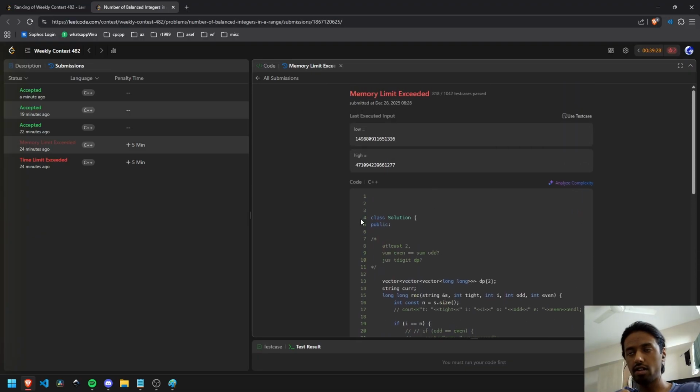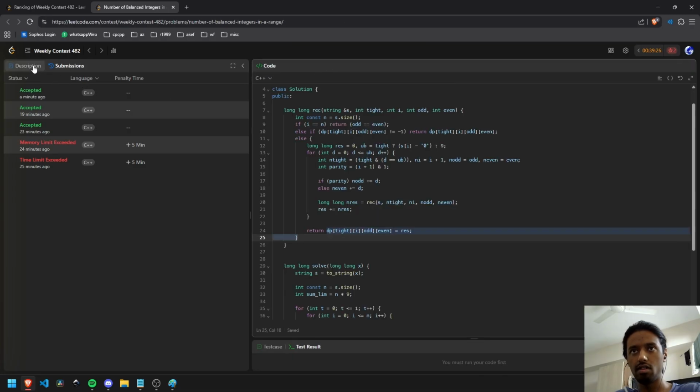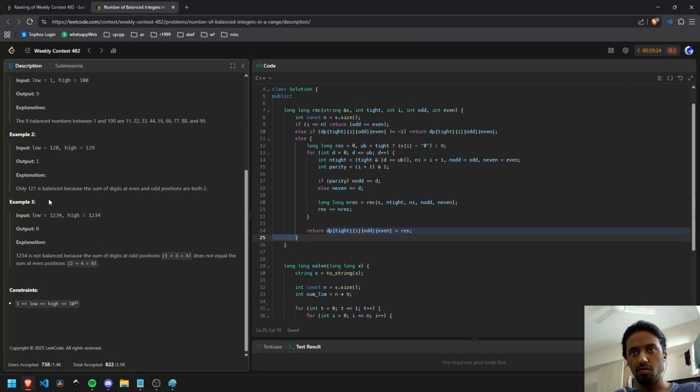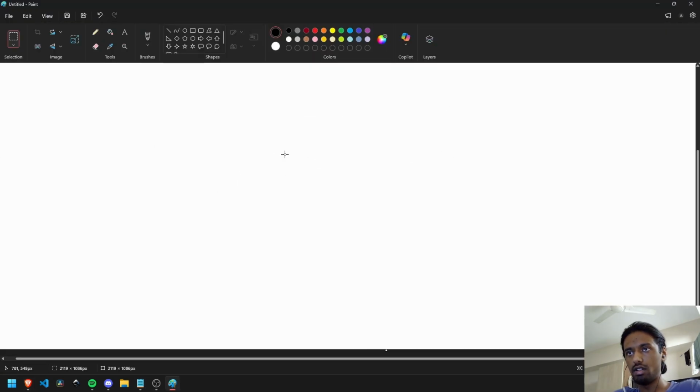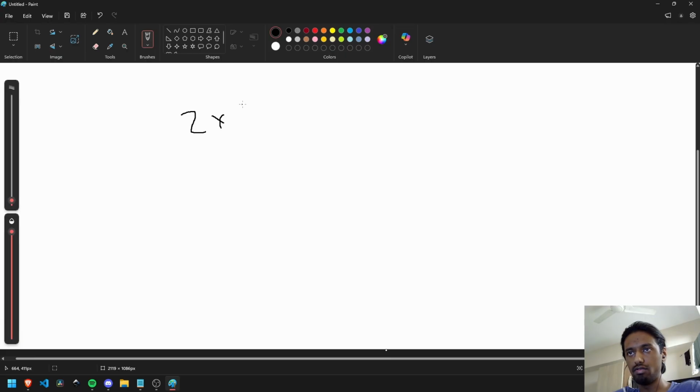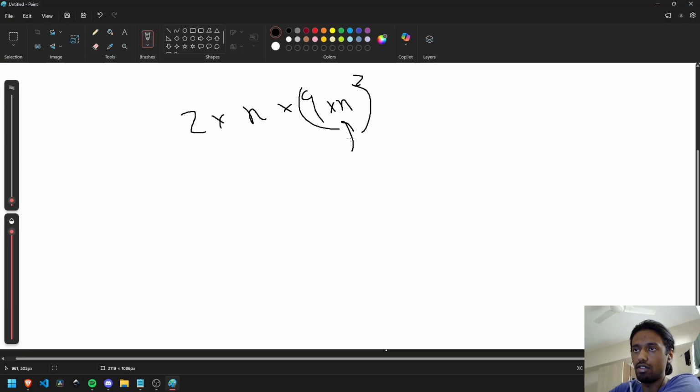Here again the complexity, assuming we have n digits in our number, is 2 for the tight times n, since we are iterating on all n digits, times 9 times n squared, where this is the limits of the even and odd sums.